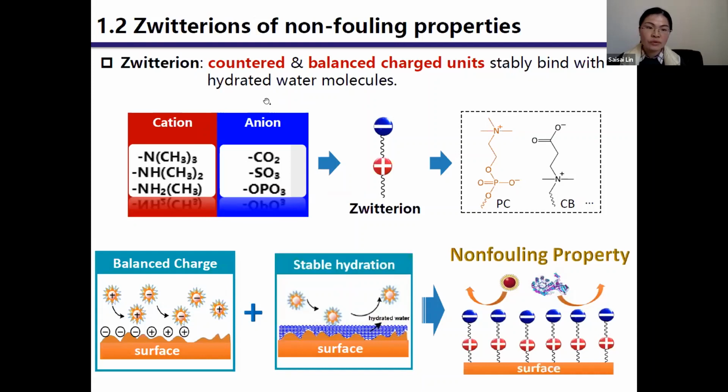Zwitterions are polymers with balanced charge units that stably bind hydrated water molecules, and they have been recognized as possessing non-fouling properties that can reduce protein adsorption by 99%. This outstanding non-fouling property has been confirmed to come from electrical neutrality and the stable hydration from ionic solvation.